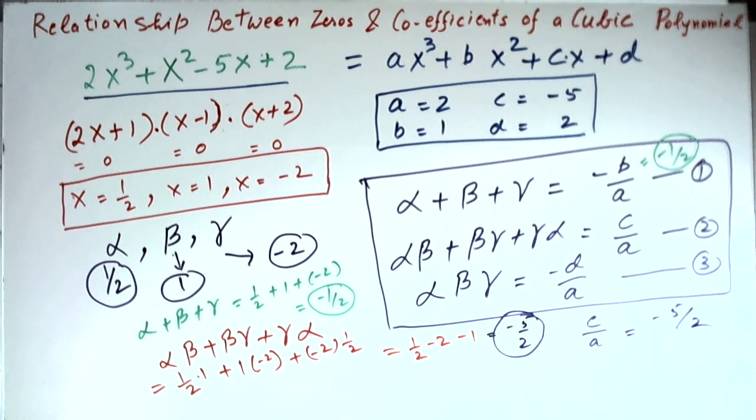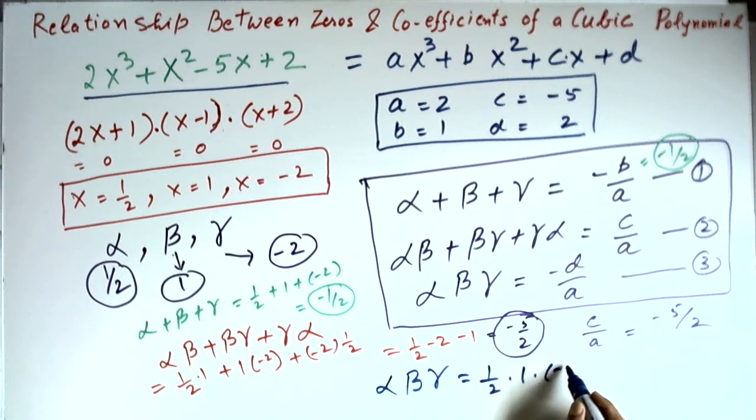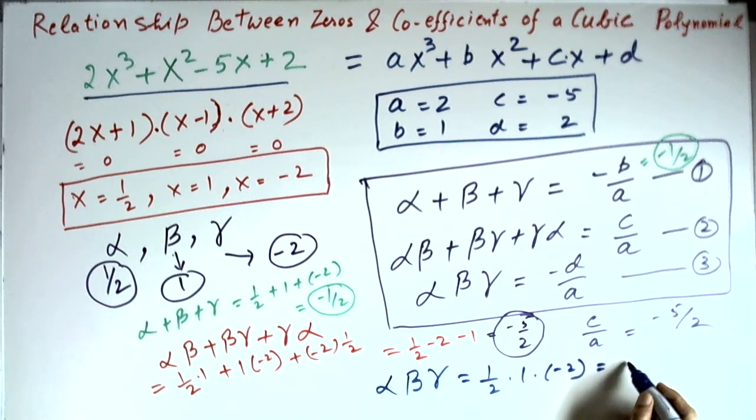And lastly, we look at alpha beta gamma. Now this will become half into 1 into minus 2, and this is equal to minus 1.